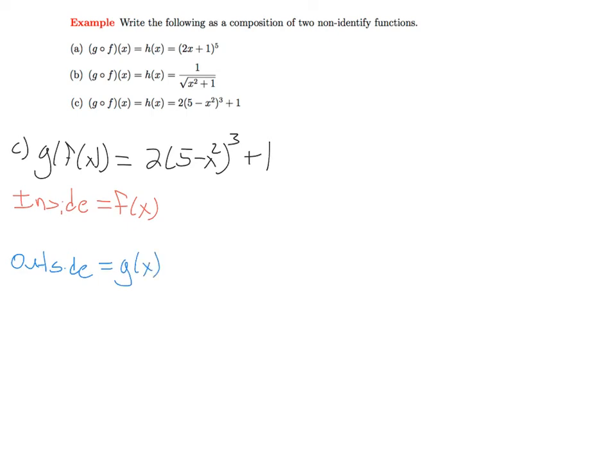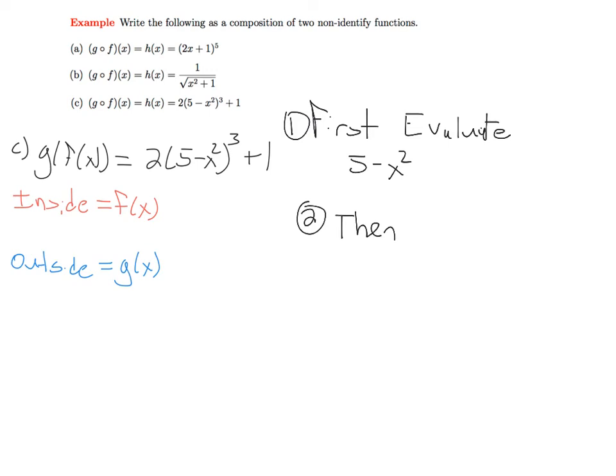And we can break this down into a series of, say, 2 operations, where we can say first evaluate 5 minus x squared, then plug that result into 2x cubed plus 1.